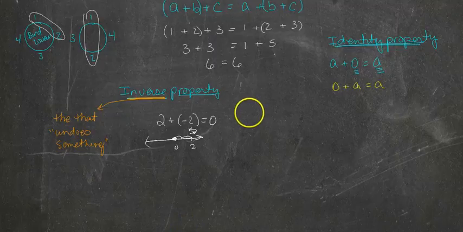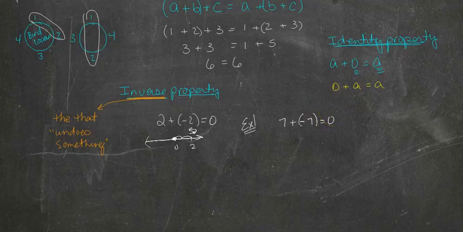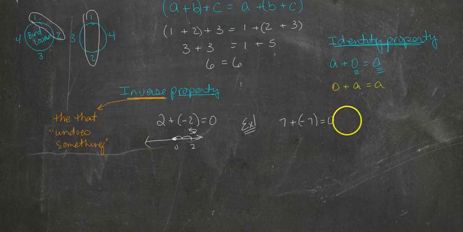All right, so I think this is a good time to do a few examples. So example 1, 7 plus negative 7 equals 0. And all I'm asked to do is identify the property. Well, let's see. I have a number that I added something to it that just undid it and took me back to 0, right? So this is the inverse property.